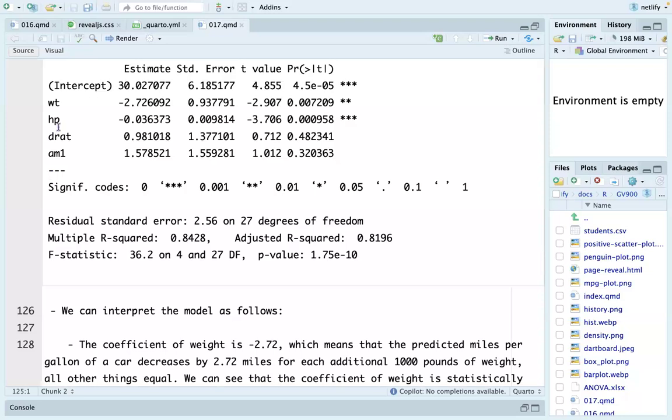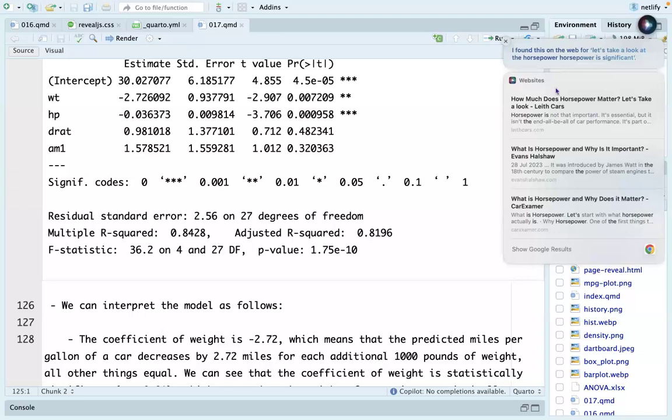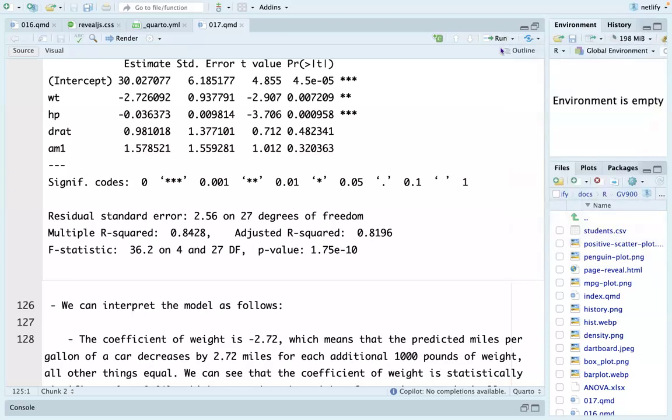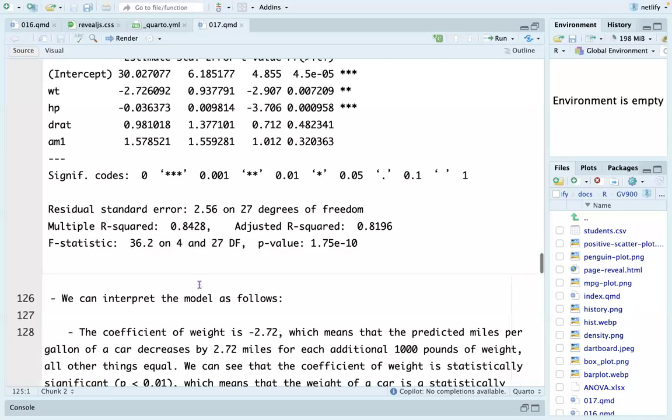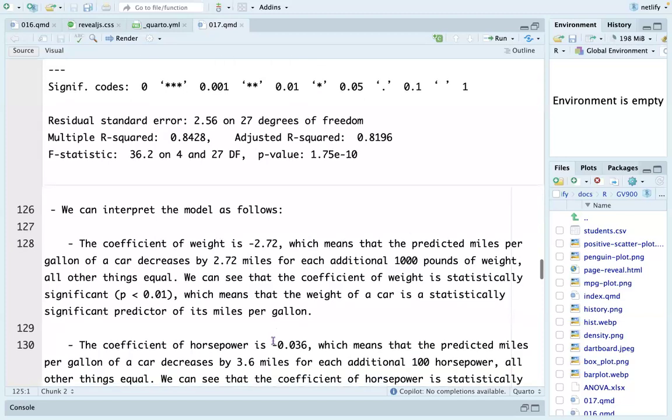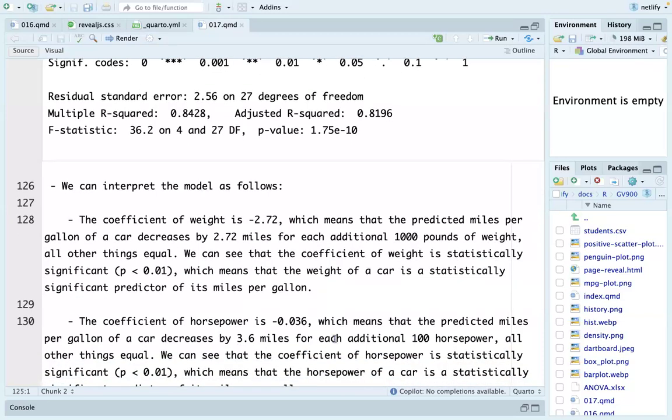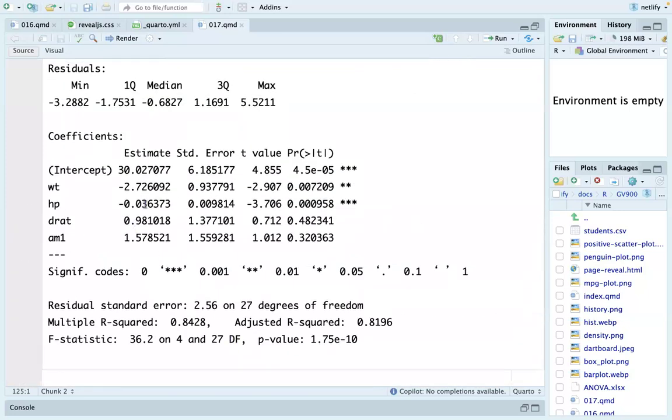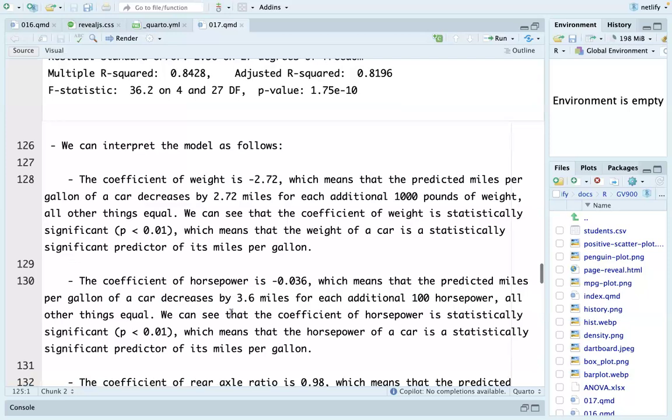And let's take a look at horsepower. The horsepower is significant. Okay, let's take a look at HP, which means if the car increases by 100 horsepower, then the car will decrease 5.6 miles per gallon.